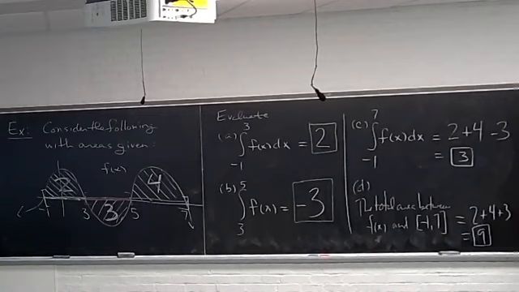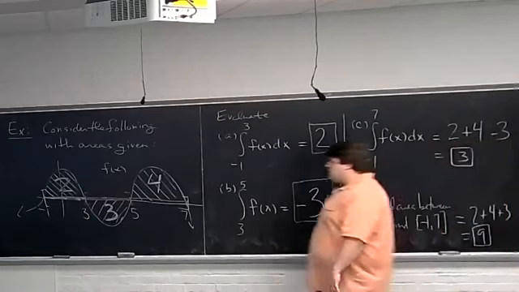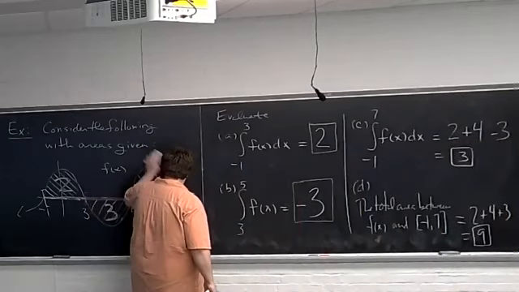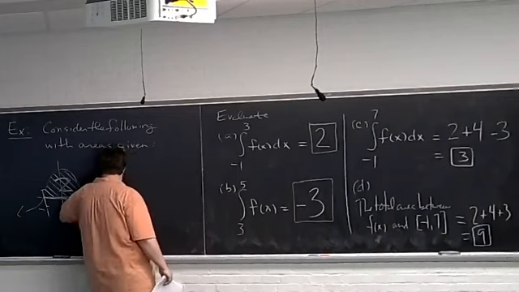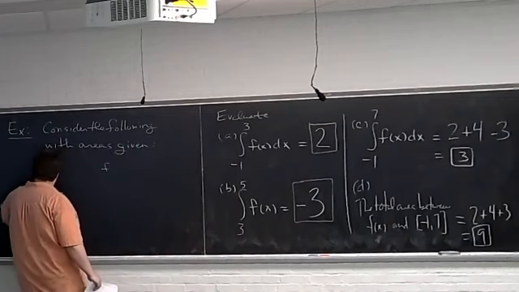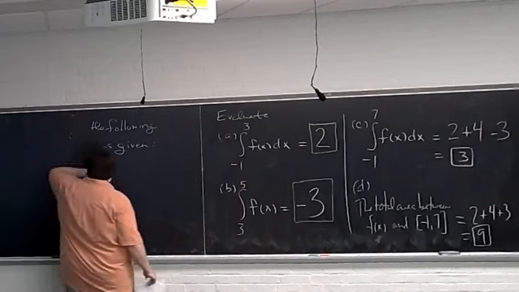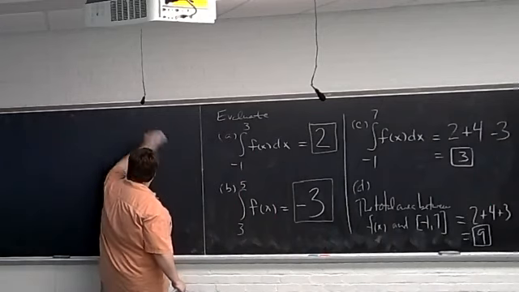Okay, let's do one more like this. In this example, I gave you the areas. Let's do one where I don't give you the areas. Well, if I don't give you the areas, then they better be convenient shapes. And they will be: circles, trapezoids, rectangles, triangles. Trapezoids, of course, are rectangles and triangles attached.